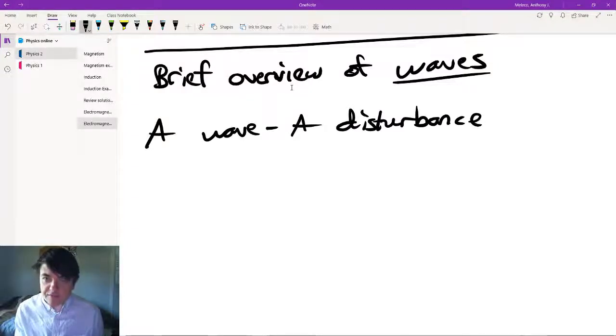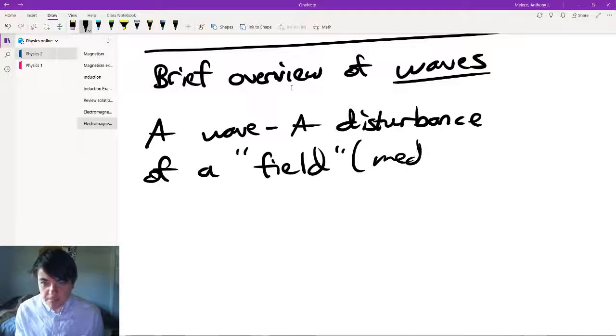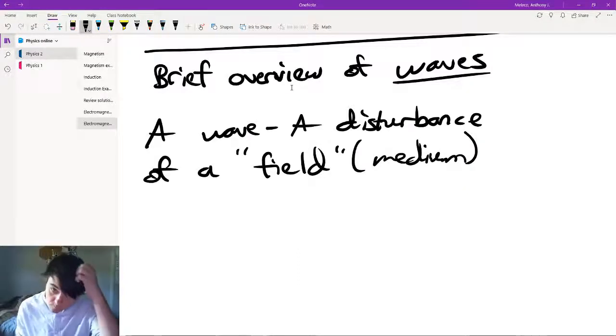Okay. Well, a wave, with a definition that I shamelessly stole from Wikipedia here, is a disturbance of a field, which can also be thought of as a medium, like air, a drum, pretty much anything.